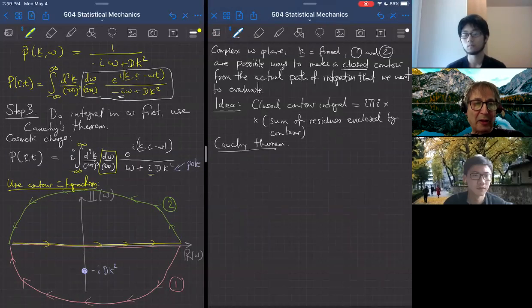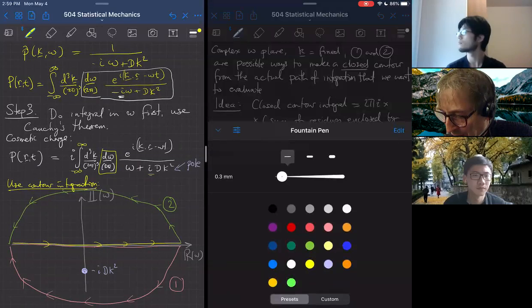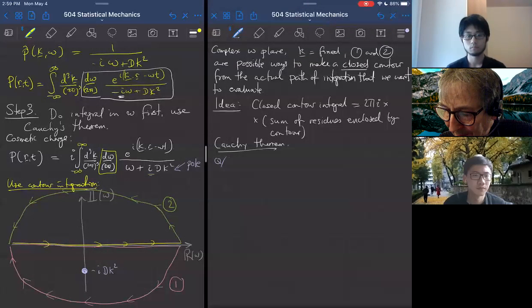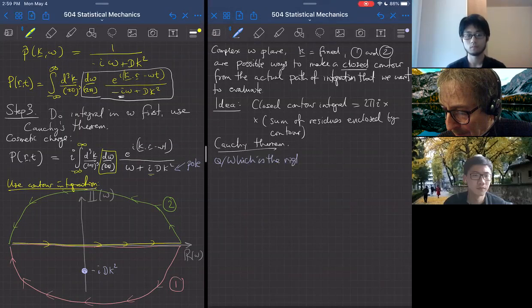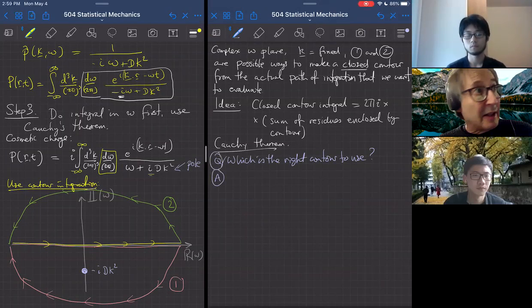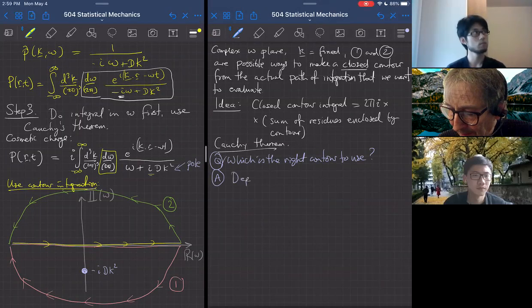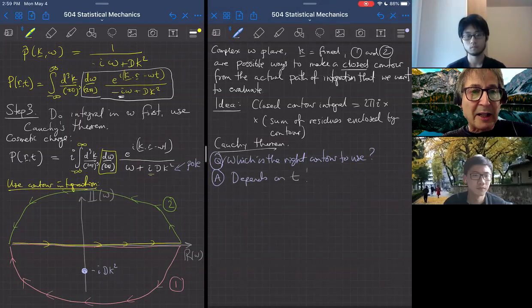Okay, so that's why we're going to do it. So now we have to ask the question, which is the right contour to use? And the answer is that it depends on the time. So let's see how this goes.